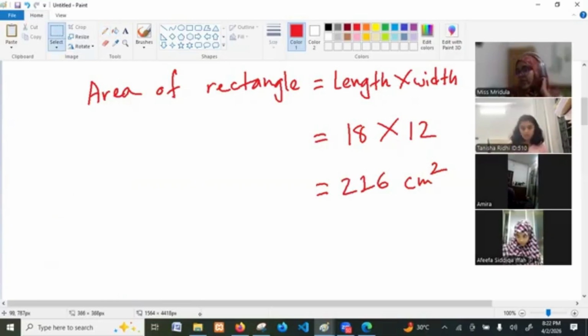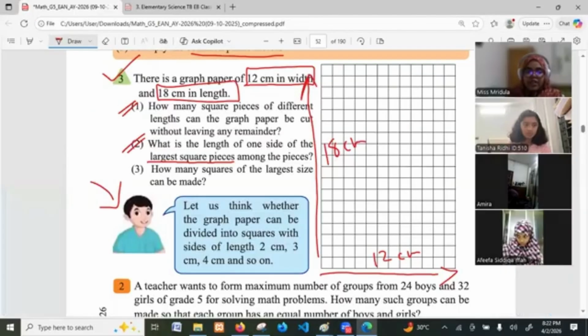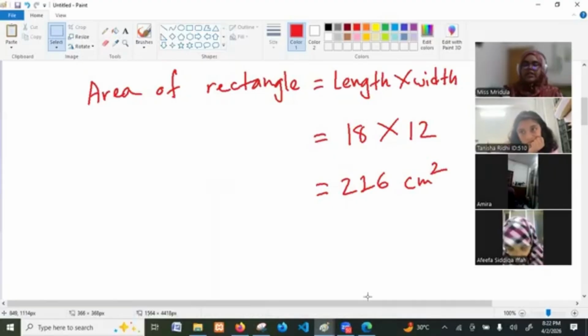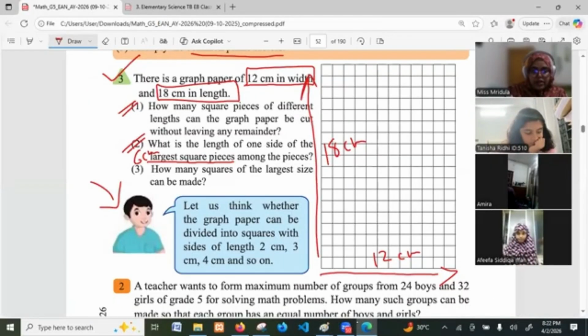Now we found out that 6 centimeter was the largest square, right? By finding out the HCF. So now we will find out how many 6 centimeter pieces of paper I can fit into this 216 centimeter square. Okay, so we will write how many squares of the largest side can be made.